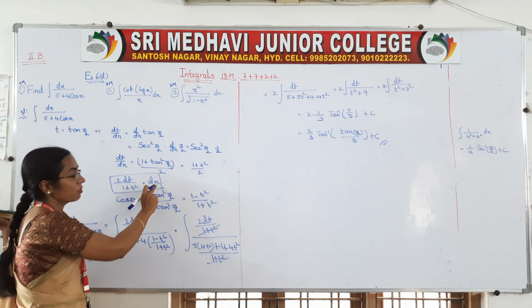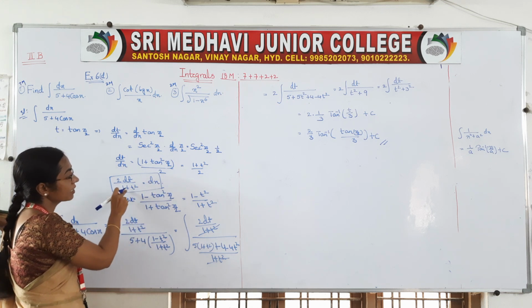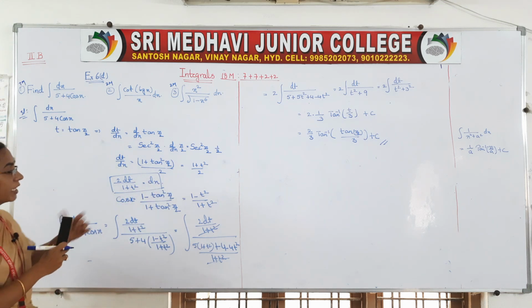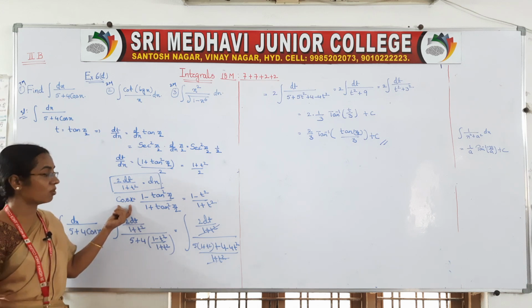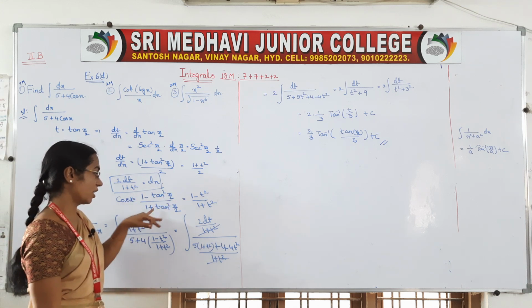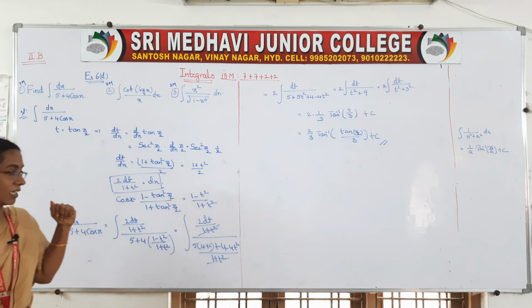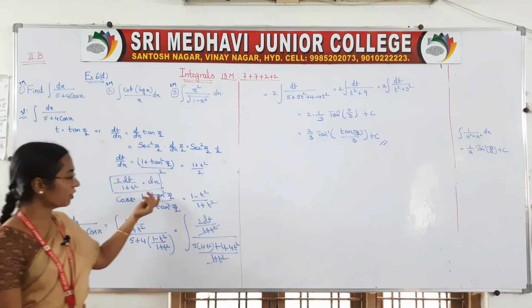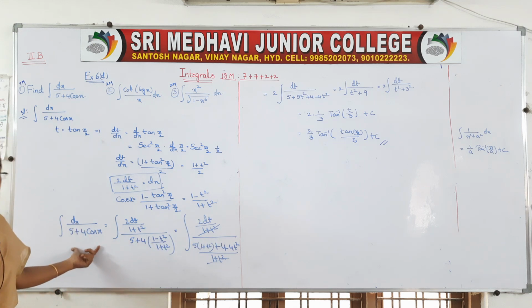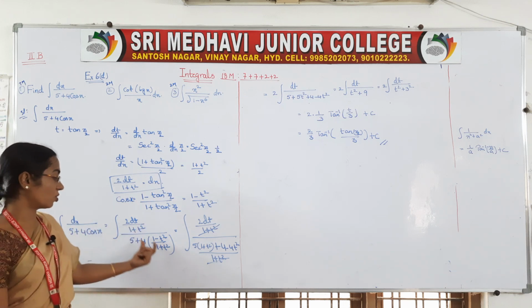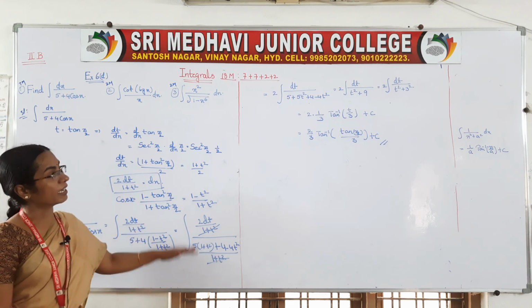So then find out your dx. Now your dx is in terms of dt, purely in terms of t values. So try to write cos x also in terms of t only, that is 1 minus tan square x by 2 by 1 plus tan square x by 2, where tan x by 2 is t. Then you take your original problem, that is, the question, and in dx place and cos x place you substitute and take the LCM.